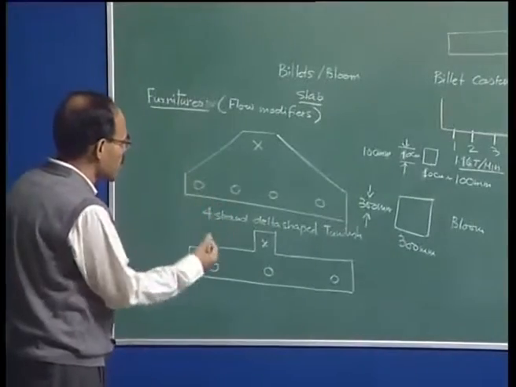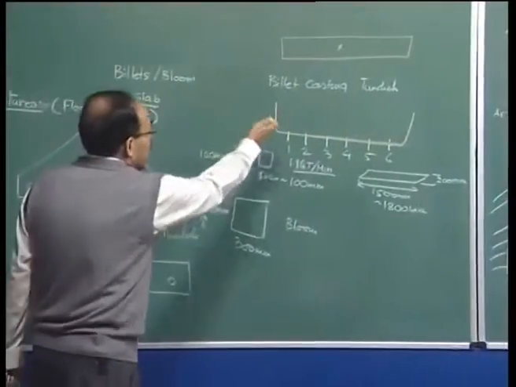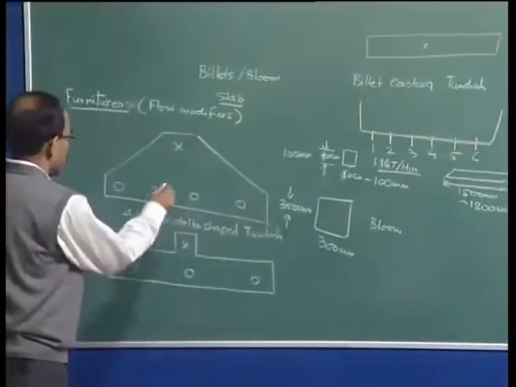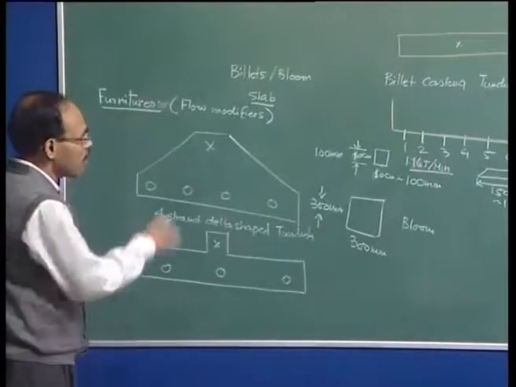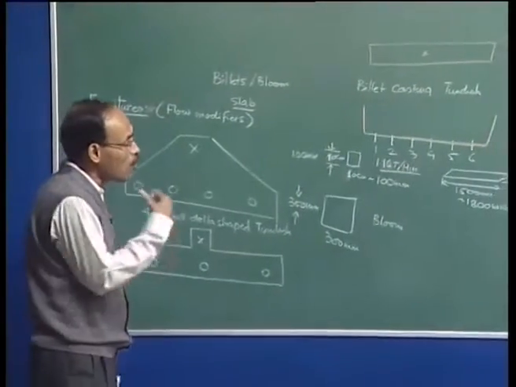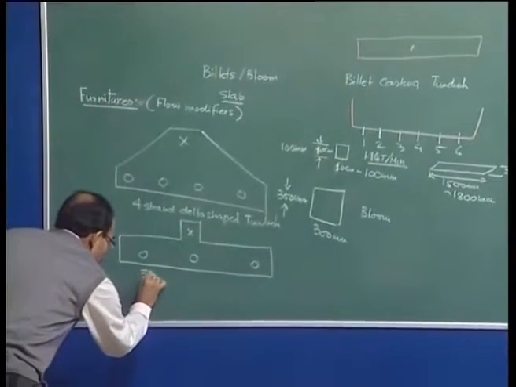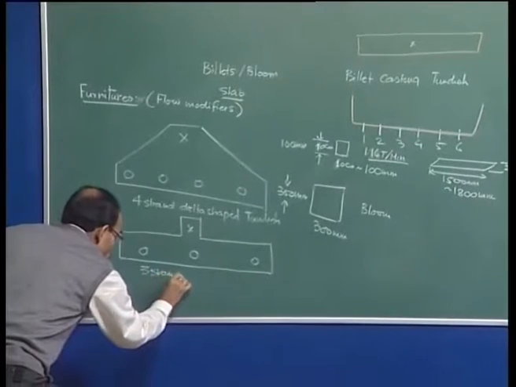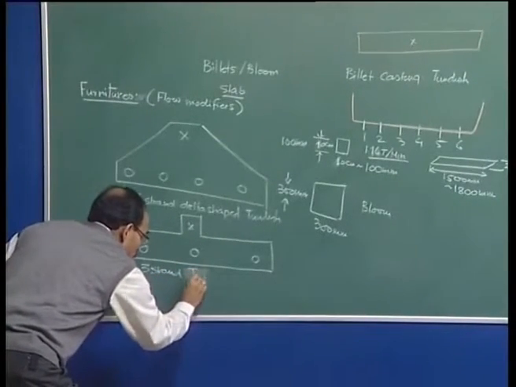So, most of the industries use either a T, delta or a rectangular shaped tundish. Of course, there could be some minor variations, but in general these are the 3 types of tundishes which are commonly seen in steel industries.